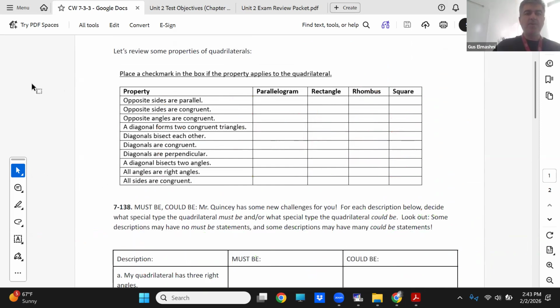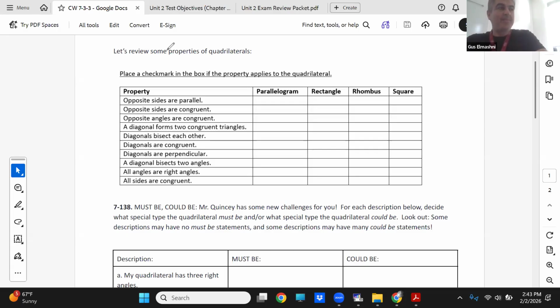Okay, so here's what I want you guys to do. You have a property, and we're going to put check marks if it's true or not. So for example, I'll do the first row with you. If the opposite sides of a quadrilateral are parallel, is that enough to say it's a parallelogram?